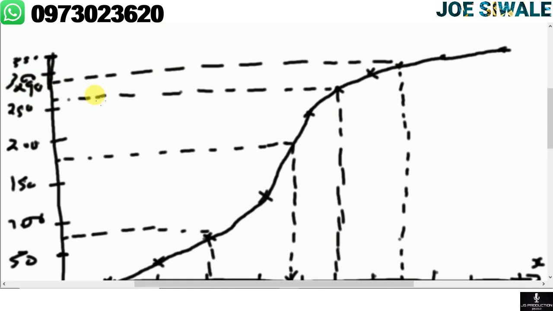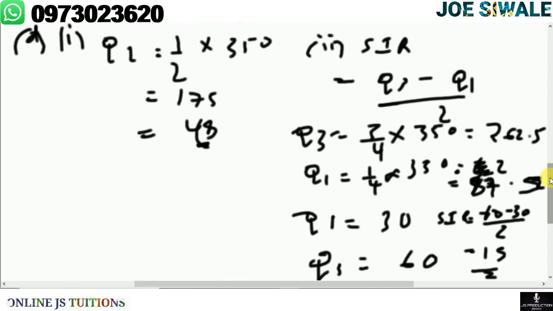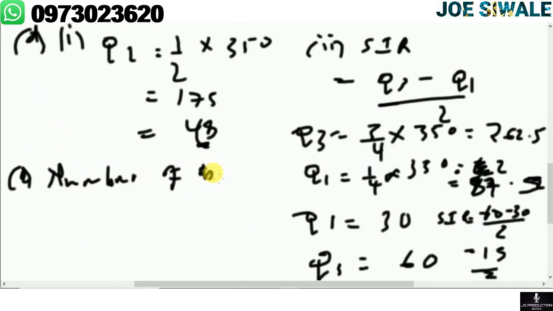So if we say that's 290, to find the number of boys there, that's question E. So the number of boys is going to be equal to the total number of boys, that's 350, minus the 290 we have calculated.